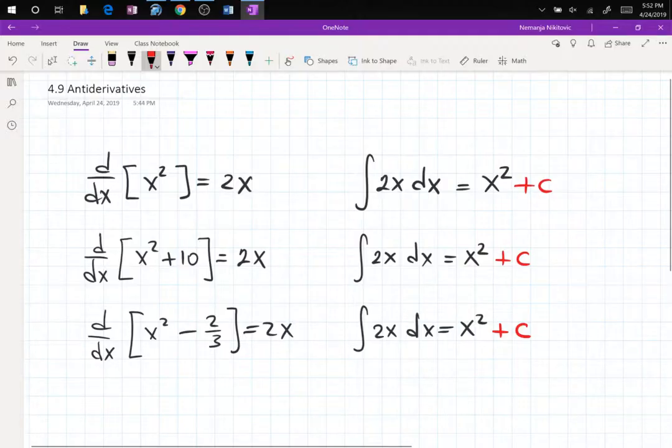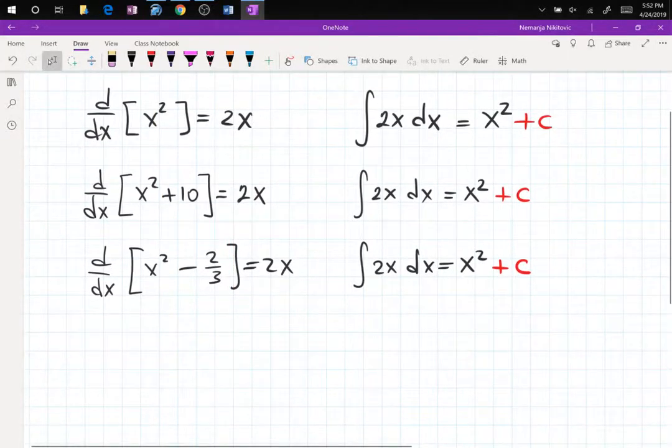It's there as a placeholder for the unknown constant that was annihilated by differentiation. You don't know what that number is, and if you have additional information, you can figure out and calculate what that number is, right? So right now, we know this.